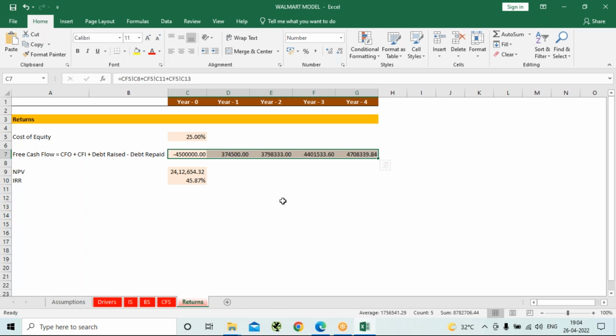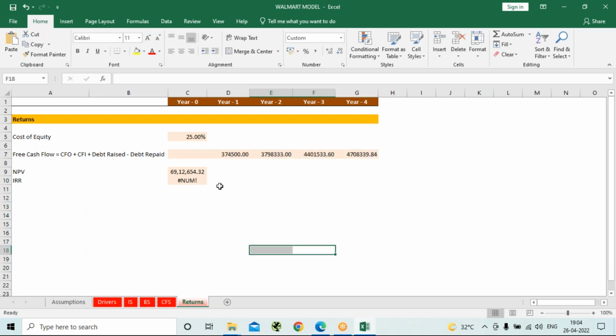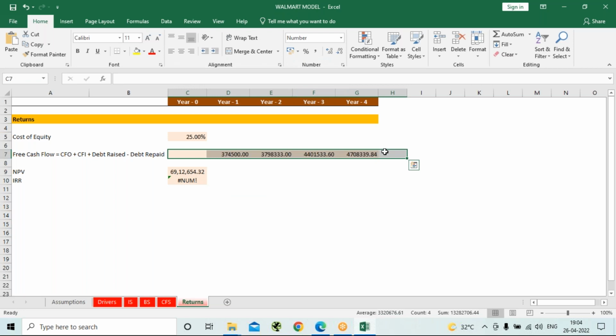So let me do the calculation. First let me remove the values.